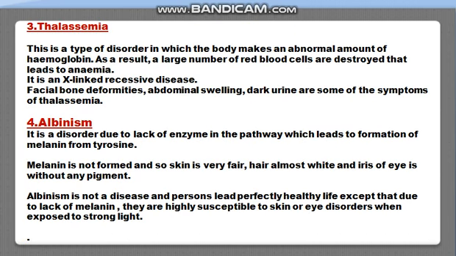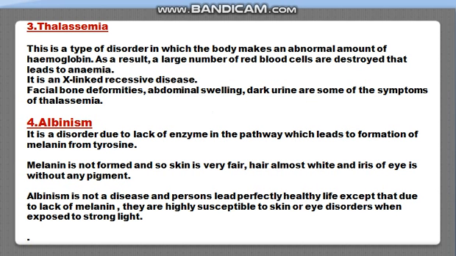Next comes thalassemia. This is the type of disorder in which the body makes an abnormal amount of hemoglobin, and as a result a large number of RBCs are destroyed that leads to anemia, and it is an X-linked recessive disease, and facial bone deformities, abdominal swelling, dark urine, these are some of the symptoms of thalassemia.